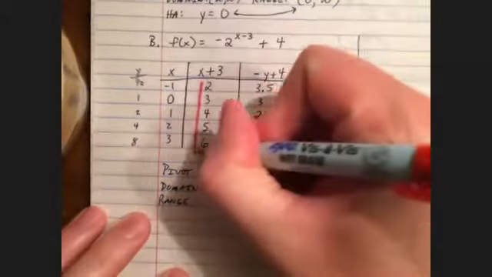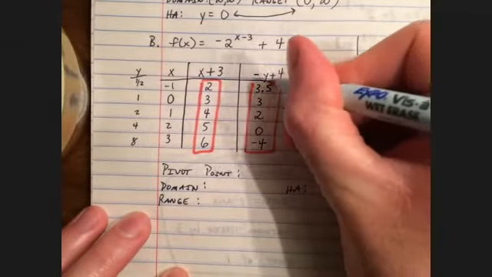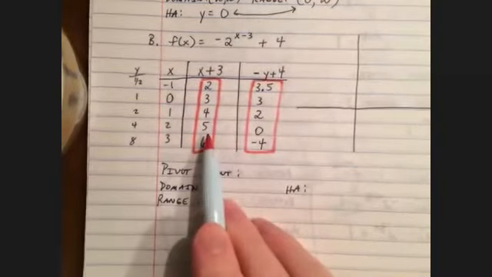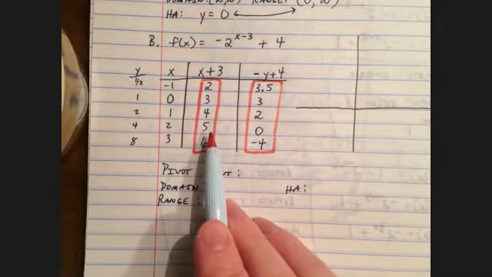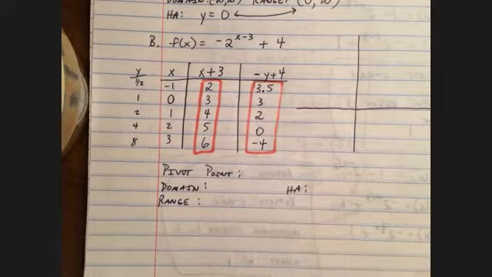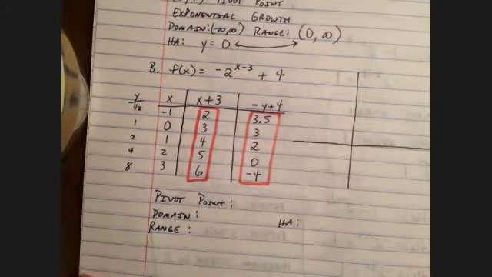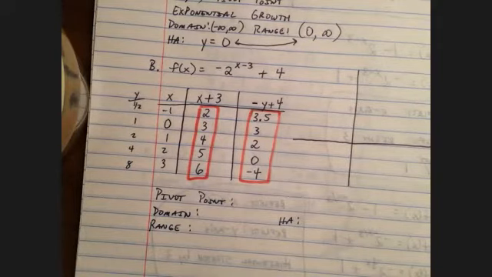Just to make sure we understand, there's a lot of stuff going on here. This column and this column are our important columns. This first column that I have highlighted is our new x values, and these are our new y values for our graph. So once again, I'm just going to freehand it a little bit. 2, 3.5.